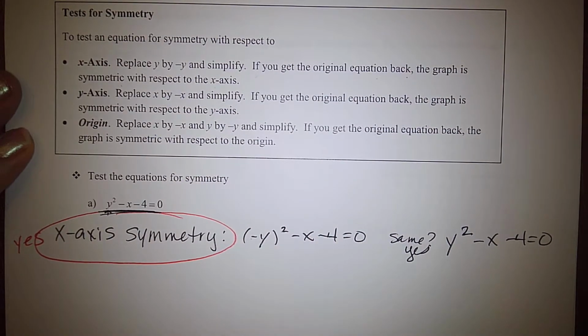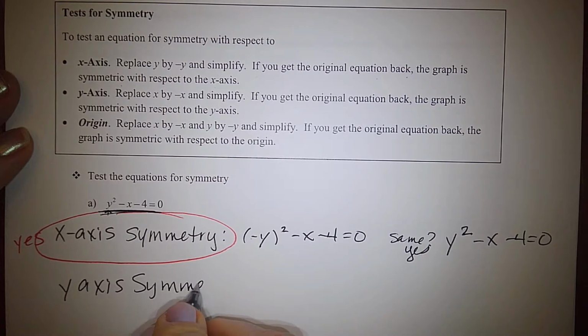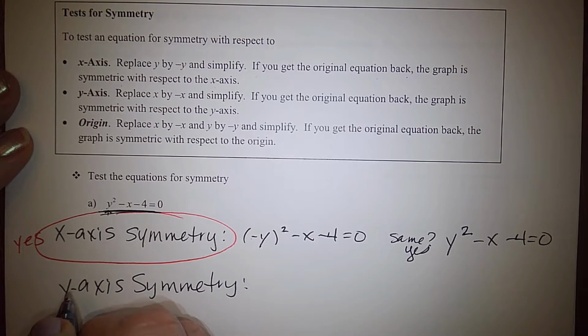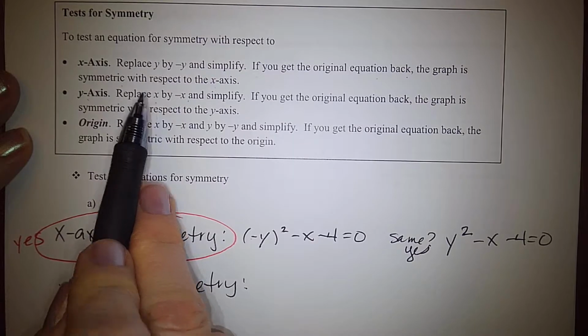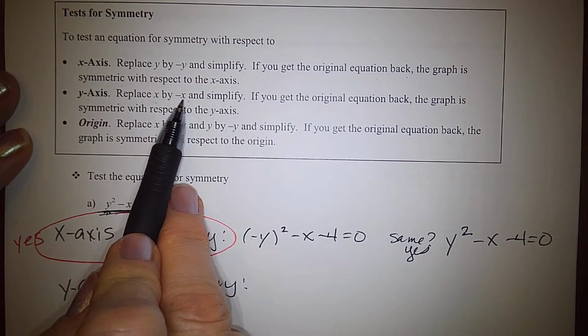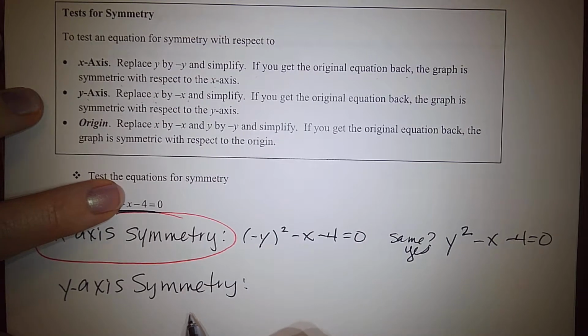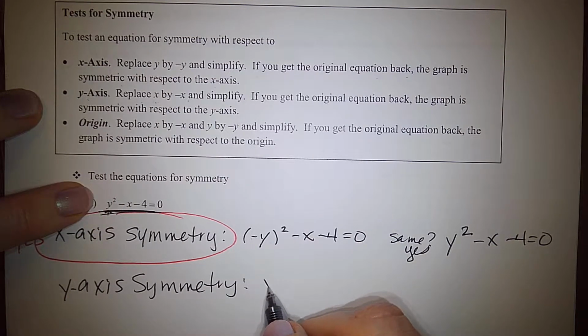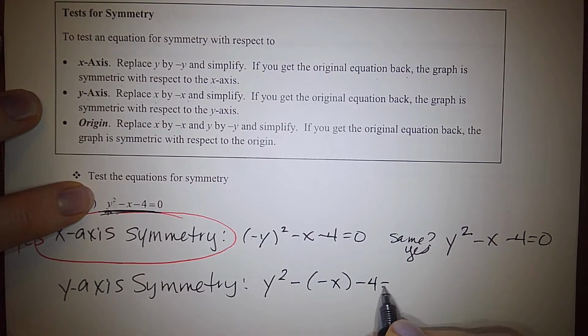So now we're going to test for the other two types. Now we're going to test for y-axis symmetry. Y-axis symmetry says replace the x, so the opposite letter, with its negative version. So we're going to take negative x and plug it into the x up here. So it becomes y squared minus negative x minus 4 equals 0.